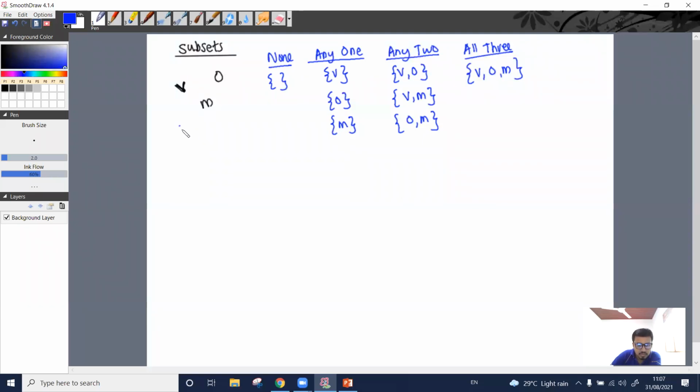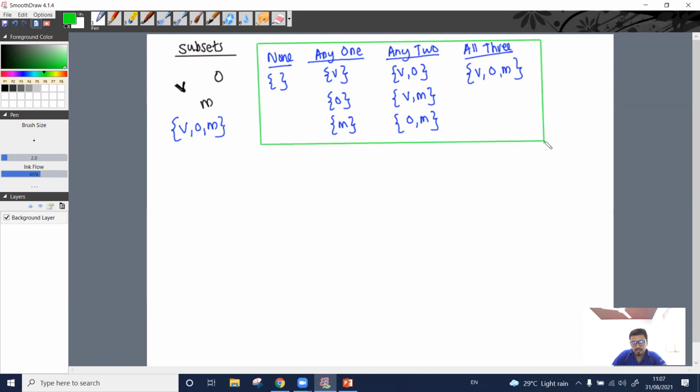So this set is what? V, O, M. Vanilla, orange, mango. This is our set. So then all these are what? All these are part of this whole set, isn't it?